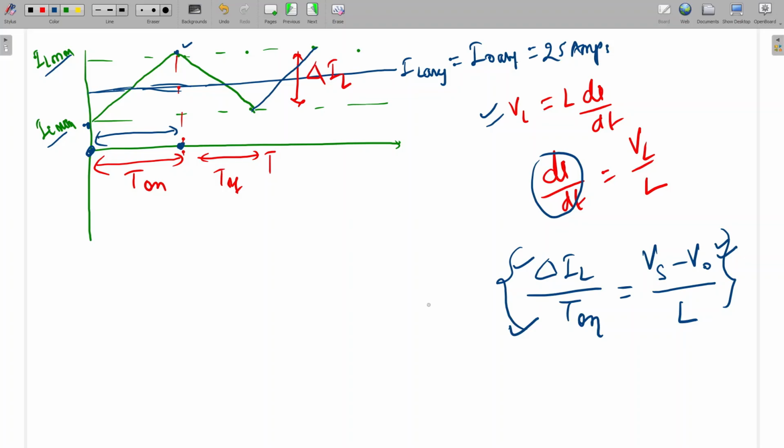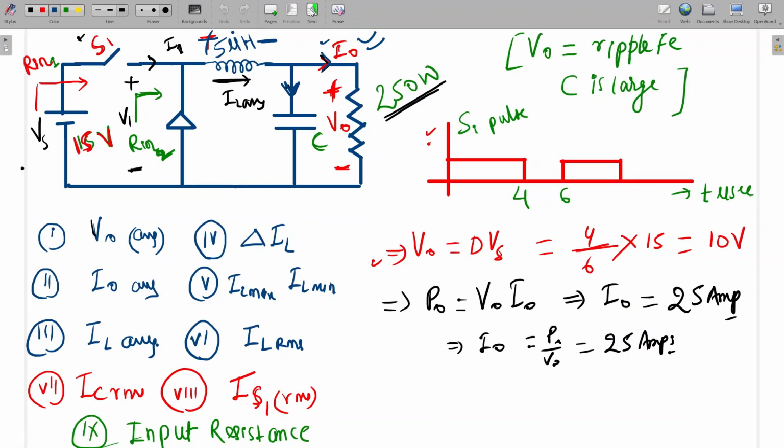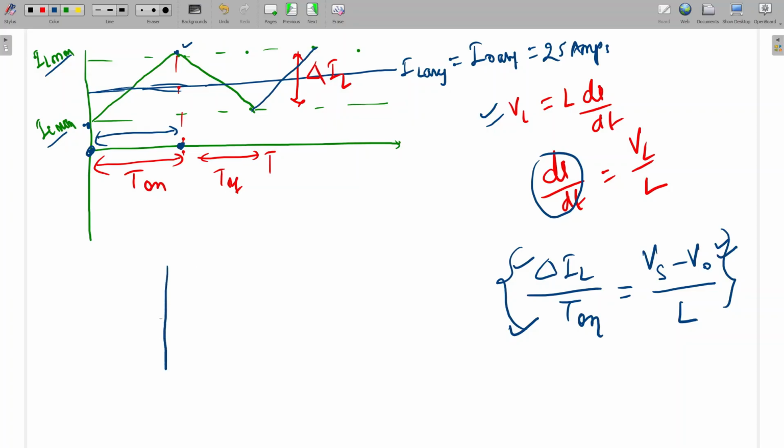Sir, I have one question. In the inductor, why is the minimum value not 0? See, if it works in continuous conduction mode, the minimum value is above 0. It can work in discontinuous mode also. This is the boundary condition: charging up to here and discharging just here, this is one cycle.